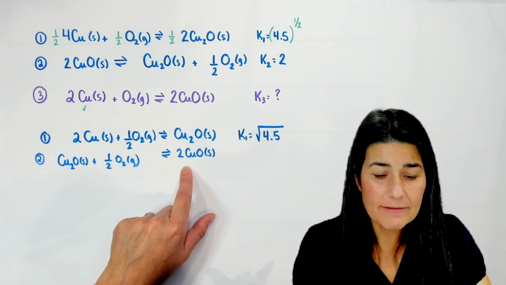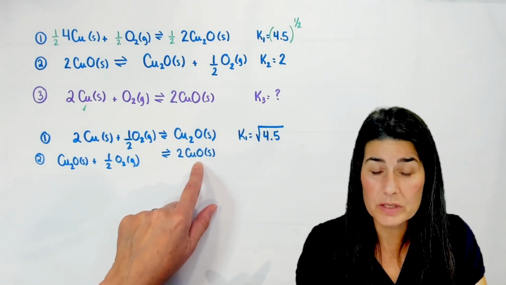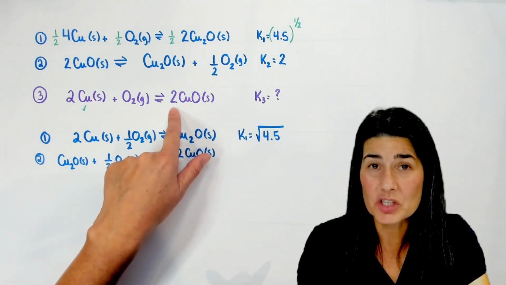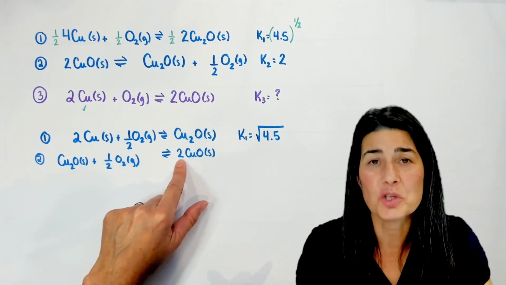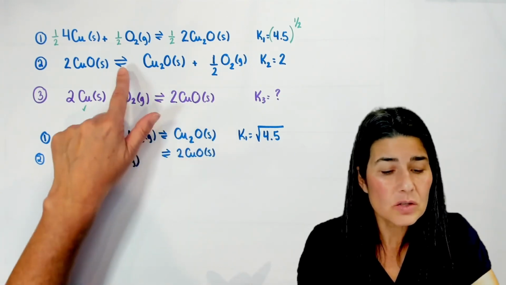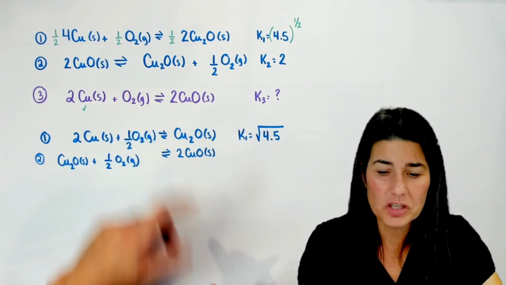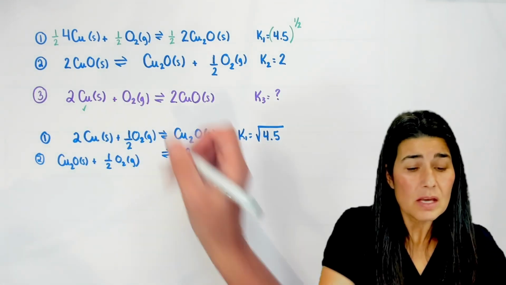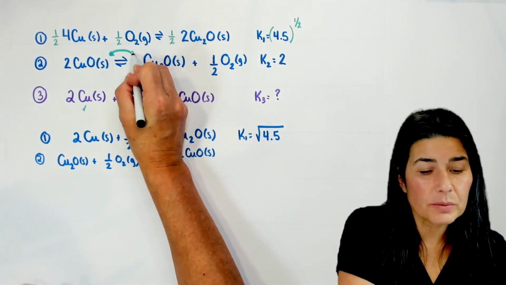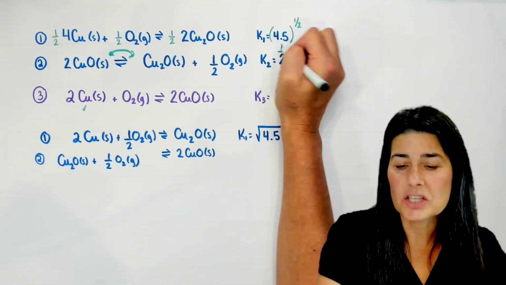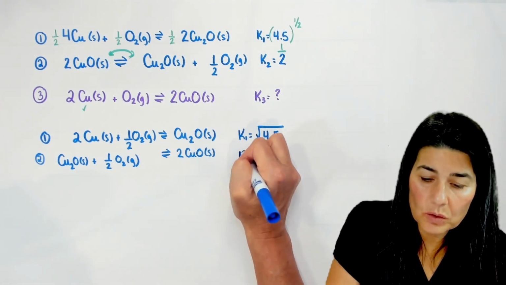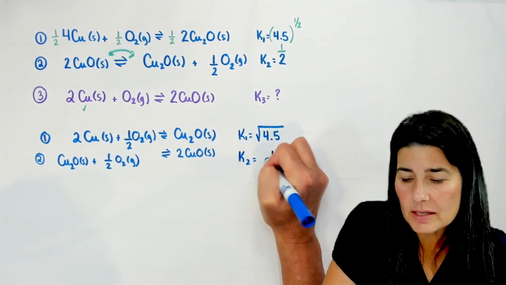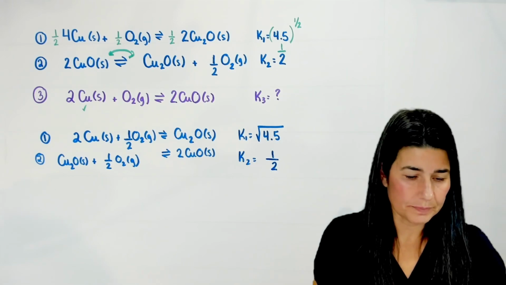Now, I have 2 CuOs on the right, and I'm also going to double check my number. I wanted 2 copper oxides. I have two copper oxides. So the only thing I did to this reaction is reverse it. If you reverse a reaction, then you take the inverse of your K. So the new K, K2, is 1/2.